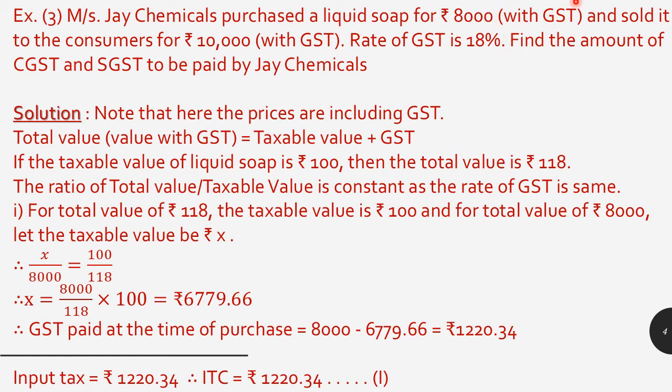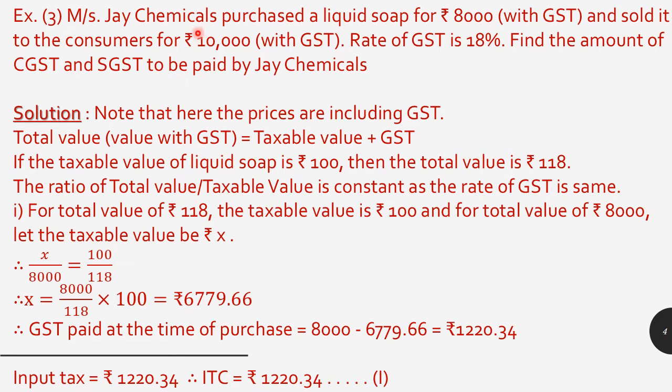Whenever you have 'with GST' written in the bracket, that means this 8,000 is not a taxable value; the tax is already included in the 8,000. And it was sold to the consumers for rupees 10,000, where also the tax is already included. The rate of GST is 18%. Find the amount of central GST and state GST to be paid by J Chemicals.